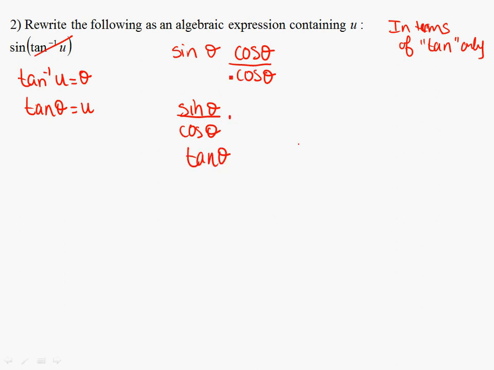Unfortunately, when this cosine scoots on over, it does leave a cosine of theta over here. Now, how is this beneficial to us? Well, there is a relationship between the cosine of theta and the tangent of theta that's direct. Well, it's sort of direct. So what other relationship do we know that deals with tangents?